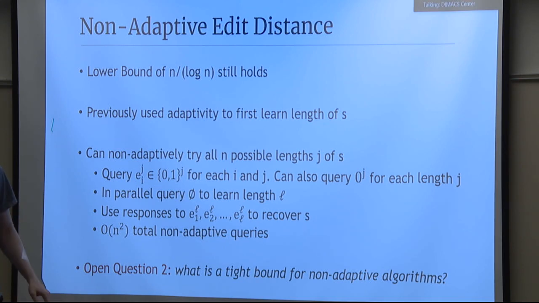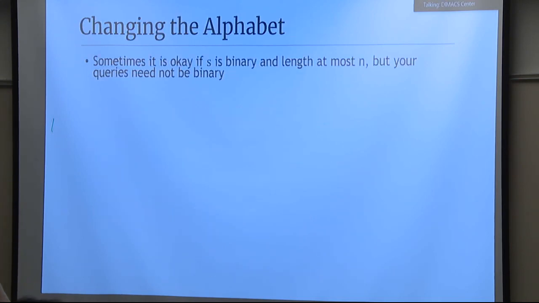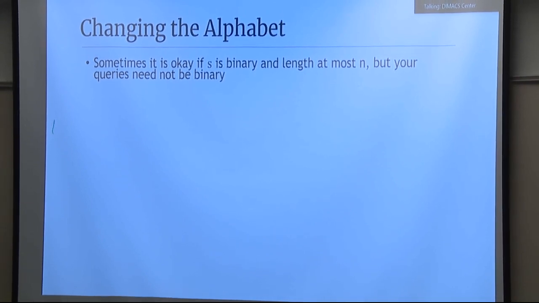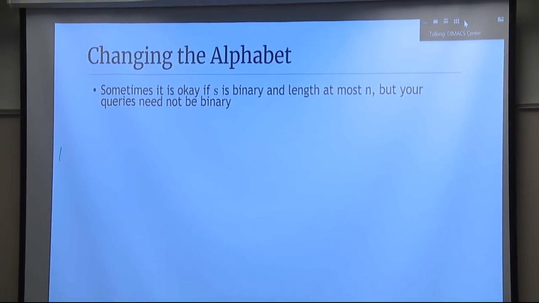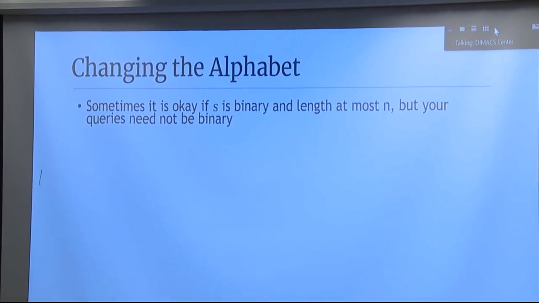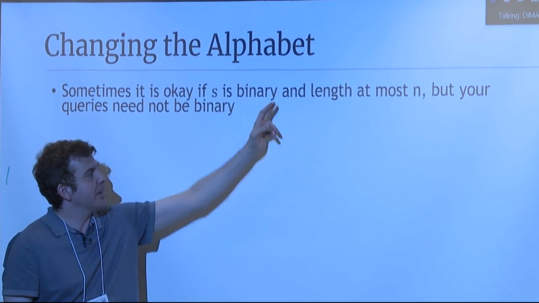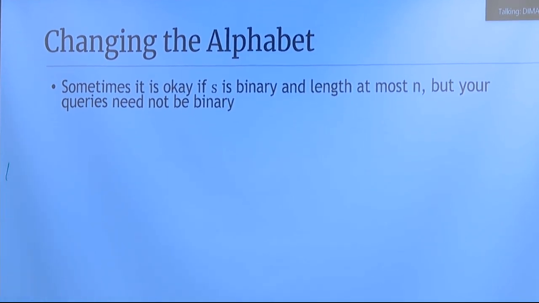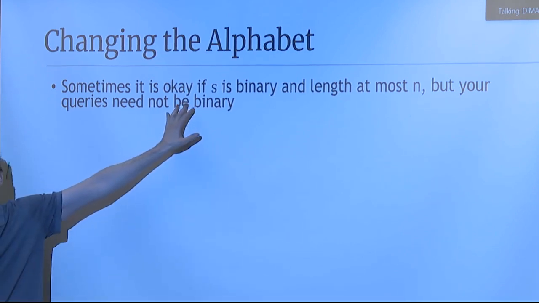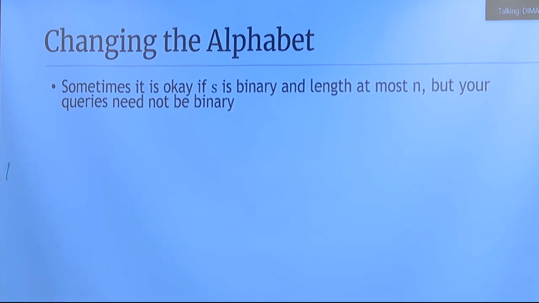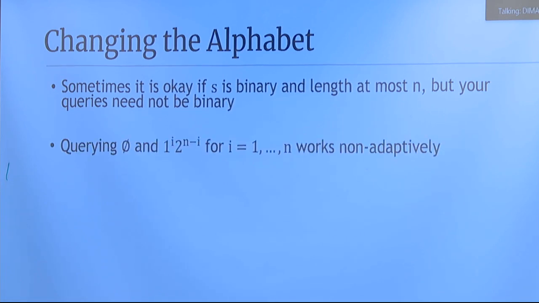One way of getting better non-adaptive algorithms, which is arguably okay for some applications, is this: although your secret S is binary and of length at most n, maybe it's okay if your queries actually come from an extended alphabet. Your queries need not be binary, and this actually improves things a lot.